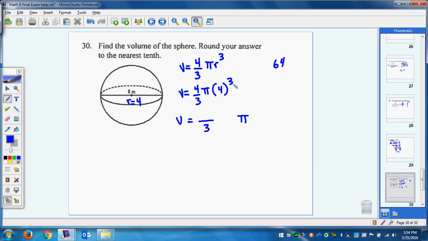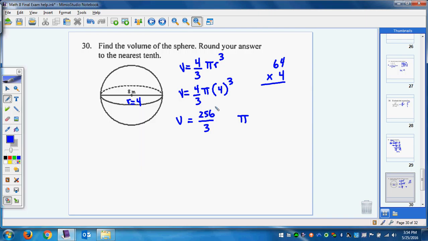So 64 is the cubed times 4 here. Go ahead and do that, please. So that should give me 256.